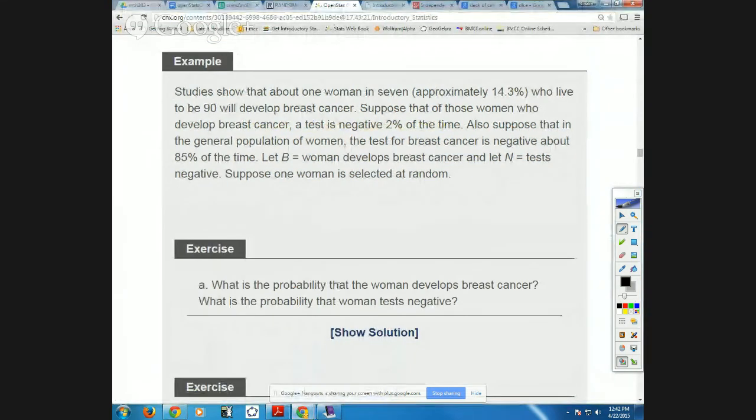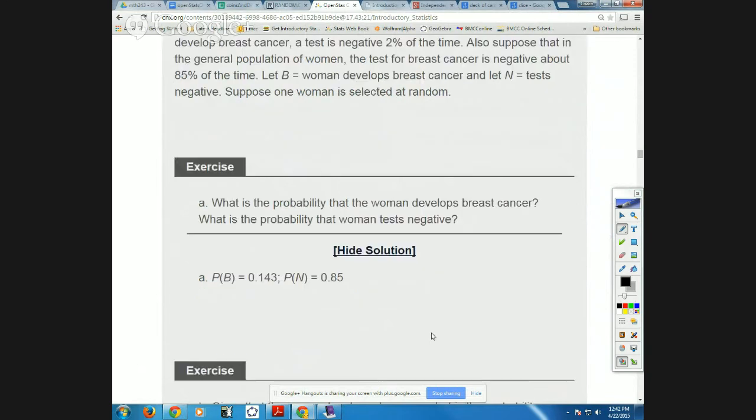So they want to know, what is the probability that a woman develops breast cancer? Okay, so that was our original. That should be 1/7. What is the probability that a woman tests negative? And that should be the 85%. And so probability of B, that a woman develops breast cancer, is about 14%, which is 1/7. Probability that a woman tests negative in general is 85%.